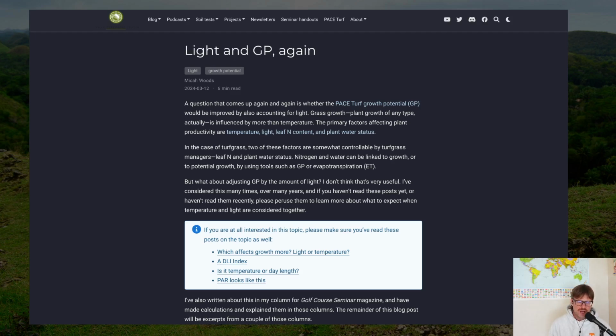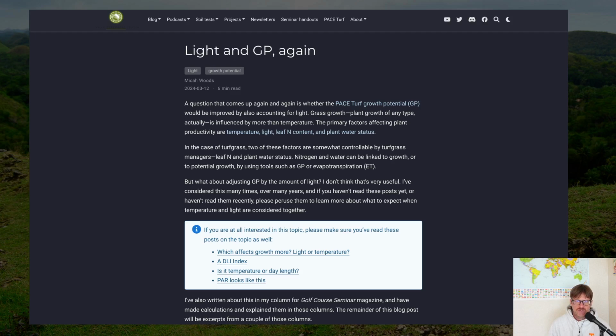And so I wrote about this in the blog post, which I give a title of Light and GP Again. I wrote about this in the blog post because at some recent conferences, I have had discussions with people about whether the growth potential could be improved or adjusted to account for light.